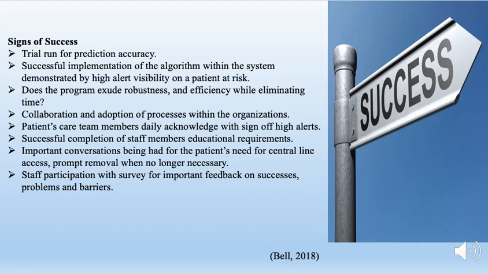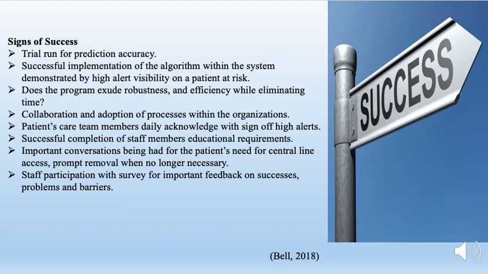Signs of success: a trial run for prediction accuracy, and successful implementation of this algorithm within the system, demonstrated by high alert visibility on the chart of a patient who is at risk. Does the program exude robustness and efficiency while eliminating time? Collaboration and adoption of processes within the organization?